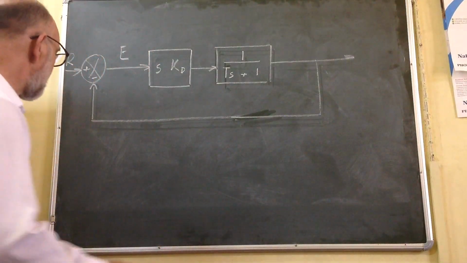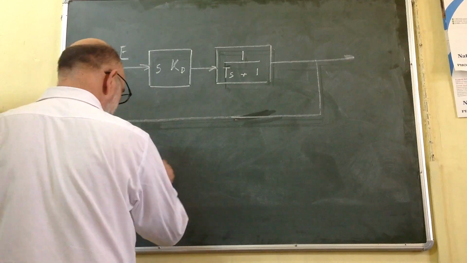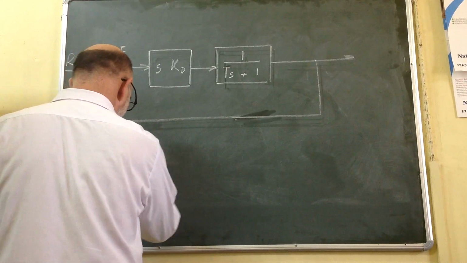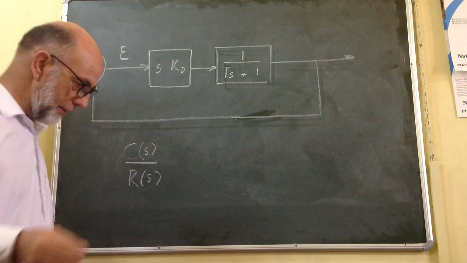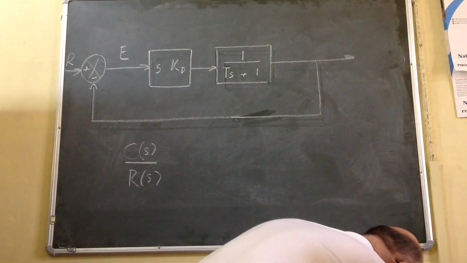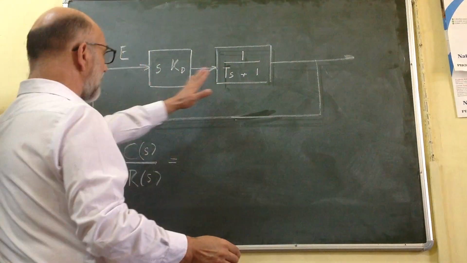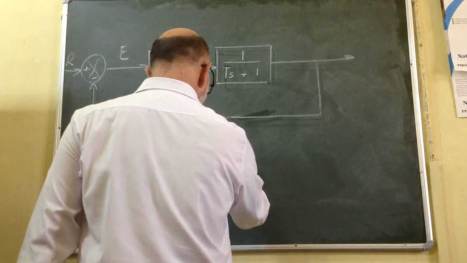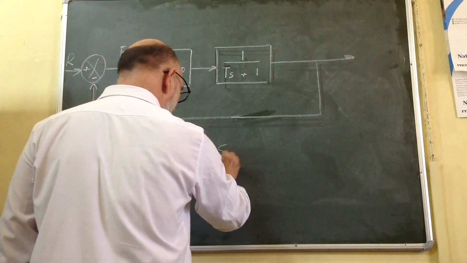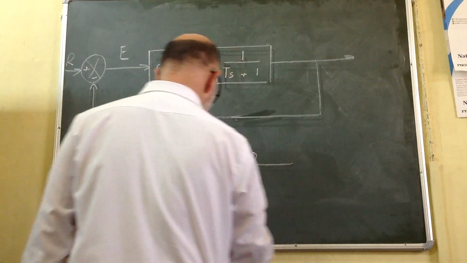Now, if we evaluate the transfer function of the closed loop system, that will look something like this. If you carry out the algebraic manipulations, you will see that the overall closed loop transfer function will look something like this.